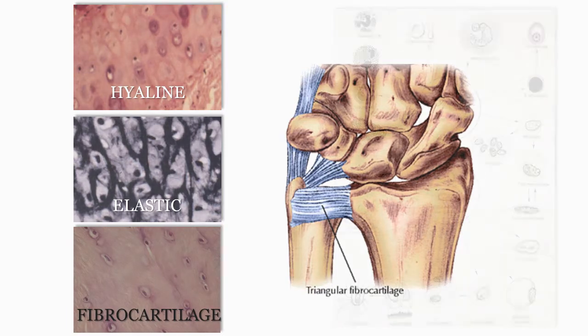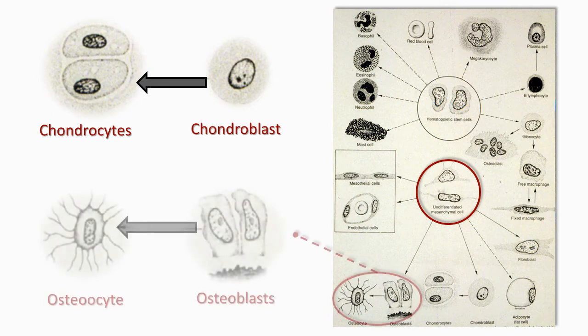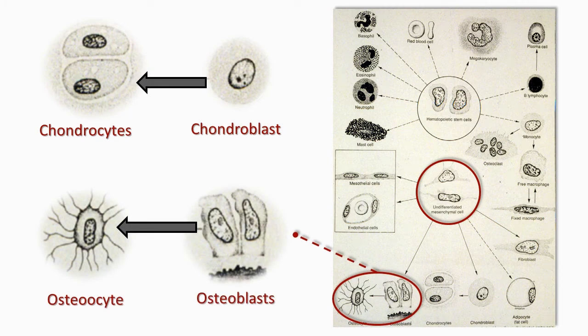Remember that cartilage comes from mesenchymal cells, which originate in the bone marrow, and they differentiate into chondroblasts that make chondrocytes when they become trapped in their extracellular matrix. Also, the bone marrow mesenchymal cells produce osteoclasts, osteocytes, and osteoblasts of bones, and that brings us to bone.